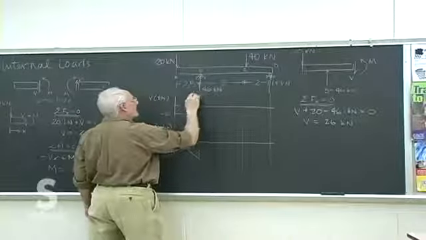The relationship between the distributed load, which we call W, as a function of X. Remember what the relationship is between W and V. The opposite of the shear load is the slope of the shear diagram. So that's considered a positive load because that's the typical way loads are.